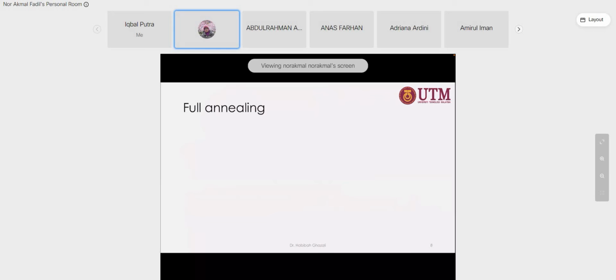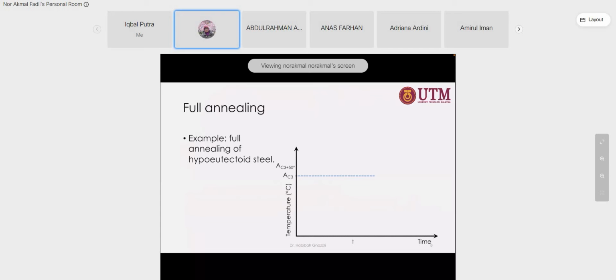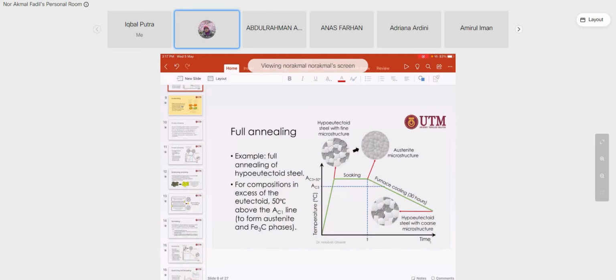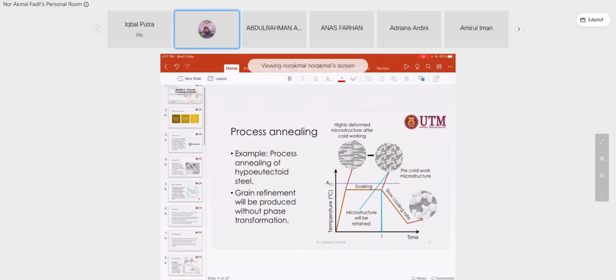Okay. So, example: full annealing of hypoeutectoid steel. This is AC3, the temperature. You conduct it about 50 degrees above the AC3. Where is AC3? You go back to the earlier slide, which is this one.